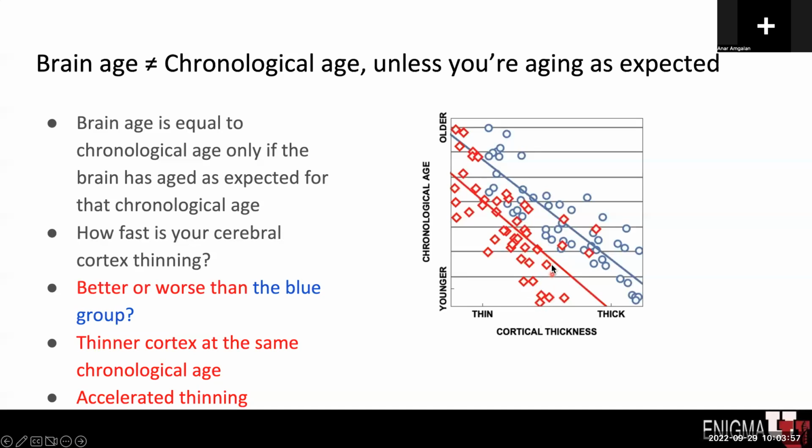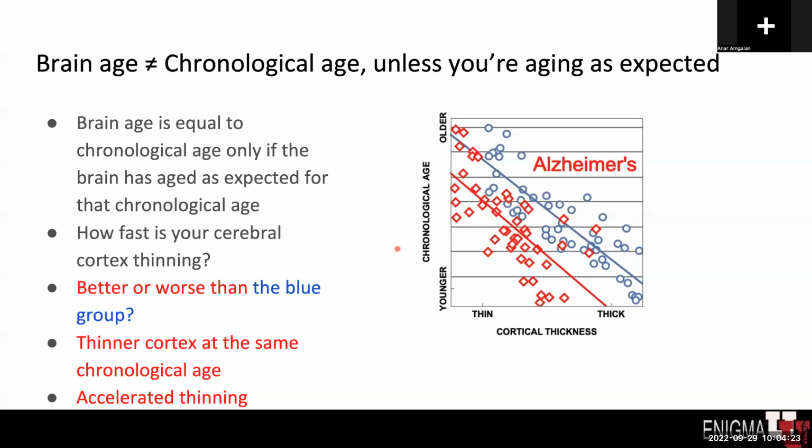So the people in red points are younger, and they've already lost cortical thickness to the degree that people at a much older age do. So this is not a good thing. And potentially this group is maybe an Alzheimer's group, and as part of the disease process, they might be losing cortical thickness, which is a known process in humans.